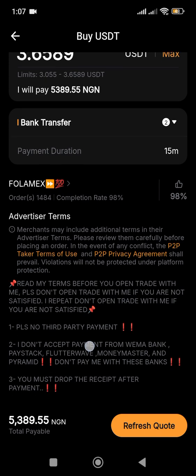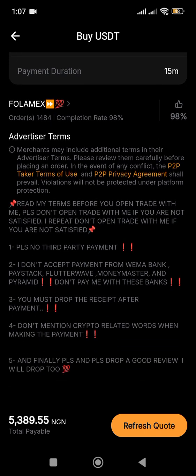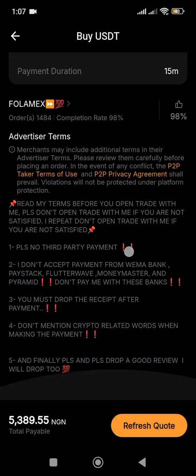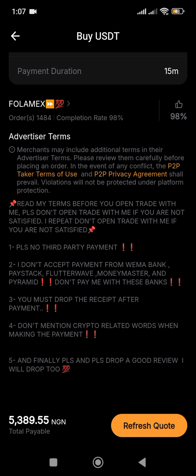Let me tell you, you can actually chat him up. Once you post this order, you will see where to chat him up from. Like I told you, this particular ad has now expired because it seems he has already sold that remaining USDT. The system said insufficient ad inventory.